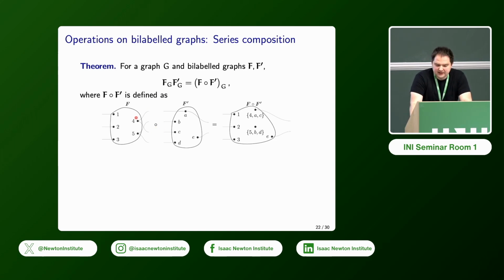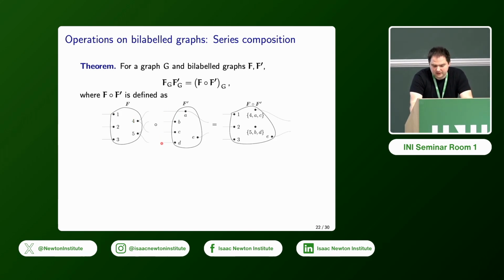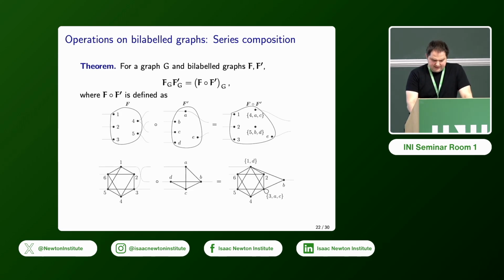Pictorially, you just take these two graphs, combine them, connect the wires as they appear in the picture, and you get the resulting graph. The corresponding operation on matrices is the multiplication. And here is a more concrete example. You could work it out that by taking a series composition of these two graphs, you get this one.